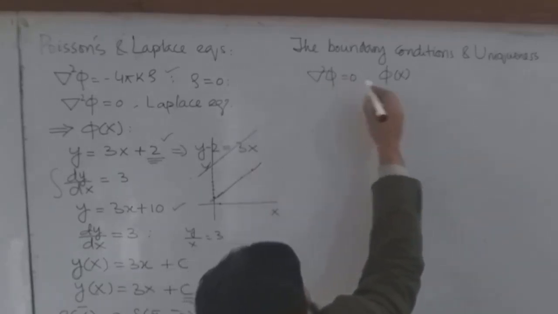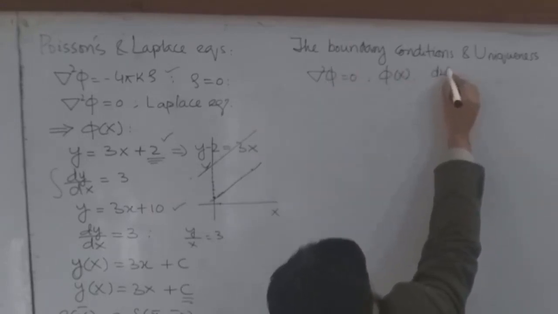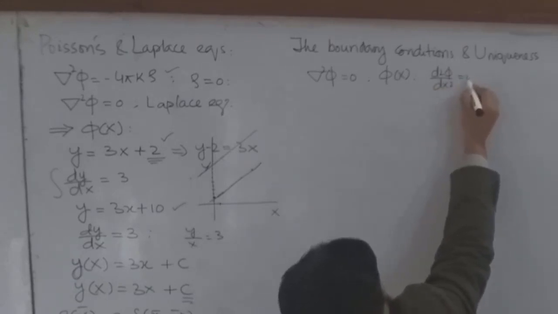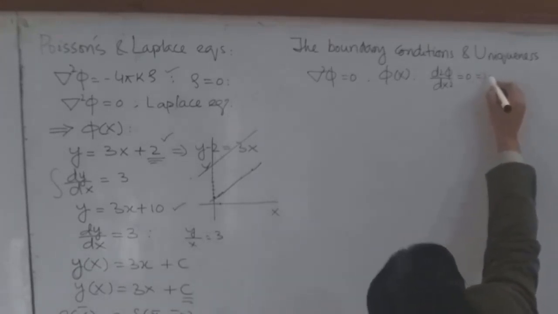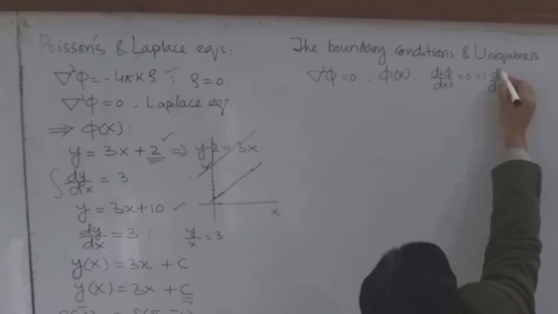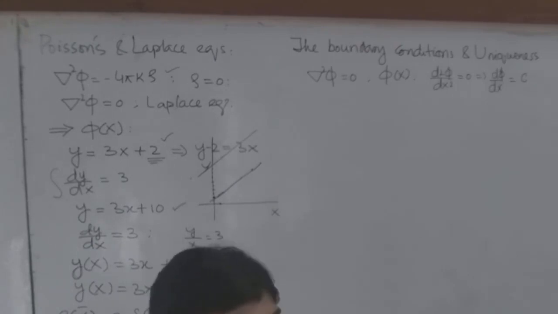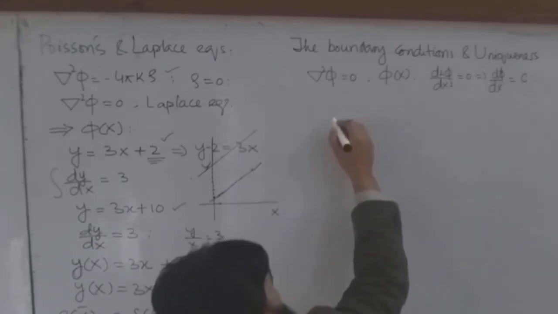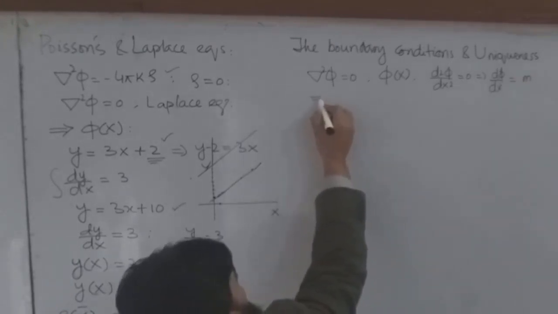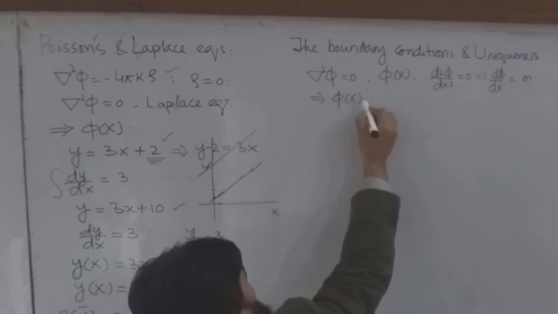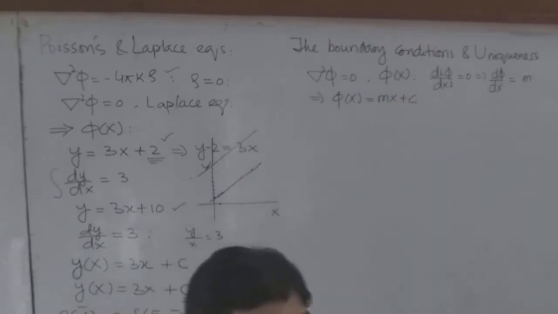So I can write that in one dimension: d square phi over dx square is equal to 0. If I integrate both sides, I will get d over dx of phi is equal to a constant, let me write this as m. Another integration will give phi of x equals mx plus another constant, mx plus c.